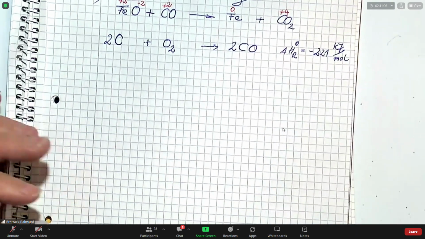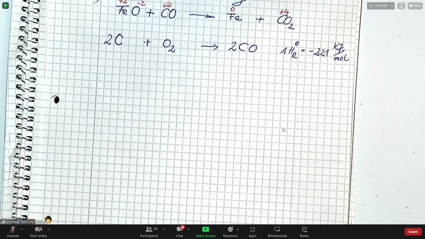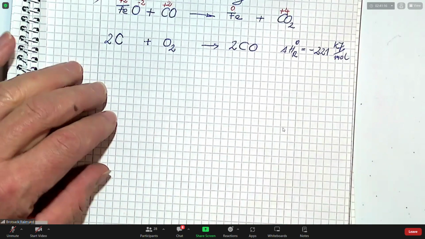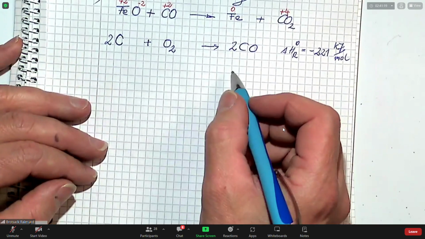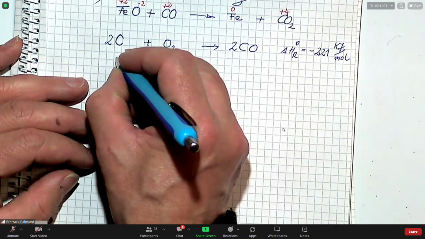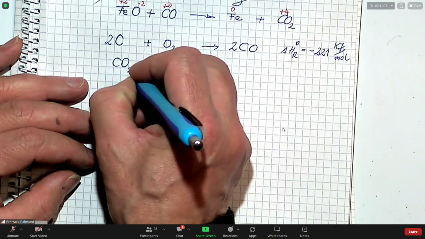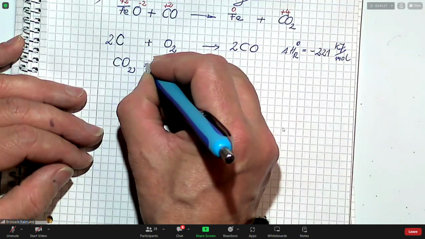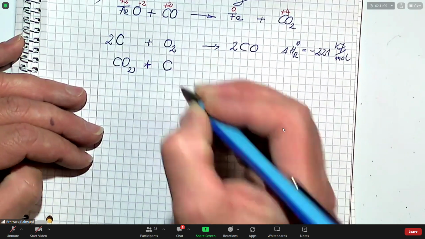When you read this, is it an exothermal or an endothermal reaction? Exothermal, quite a lot of heat is produced. In parallel, now we have even CO2 from the atmosphere or from total oxidation of the carbon in balance with the elementary carbon.